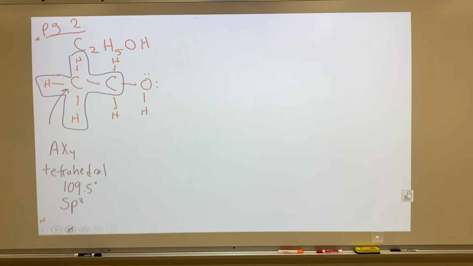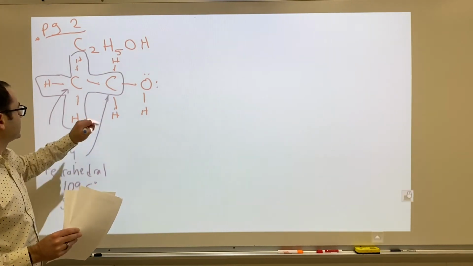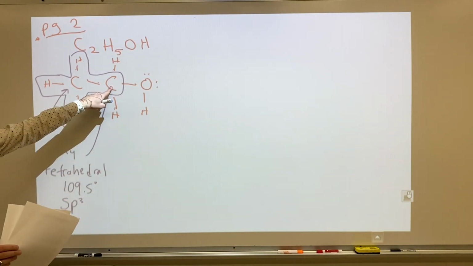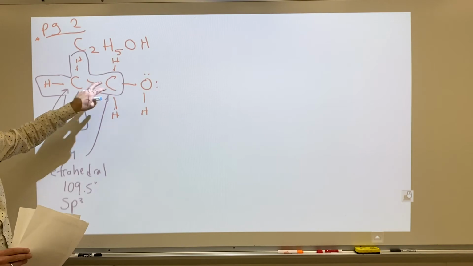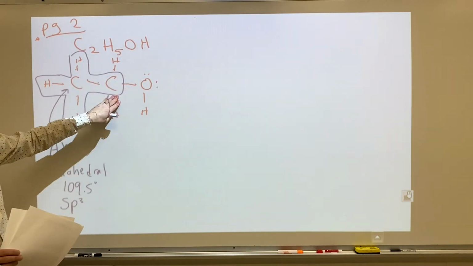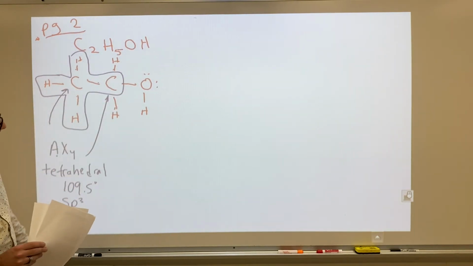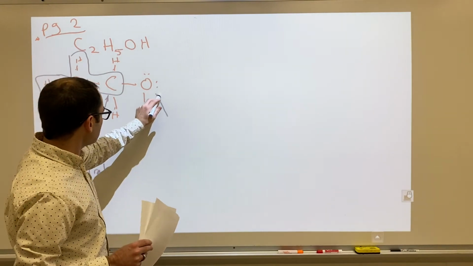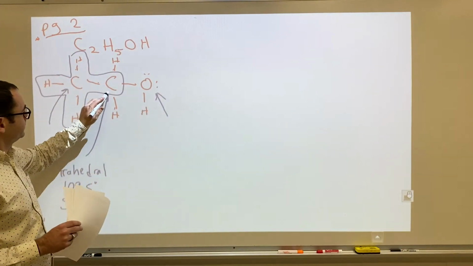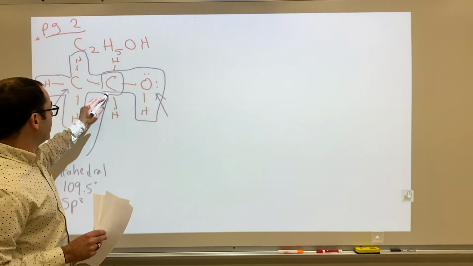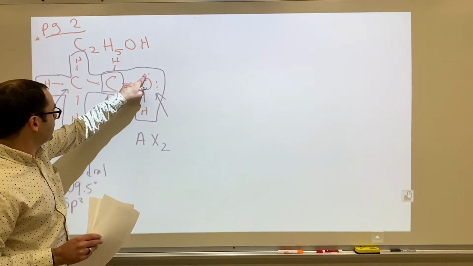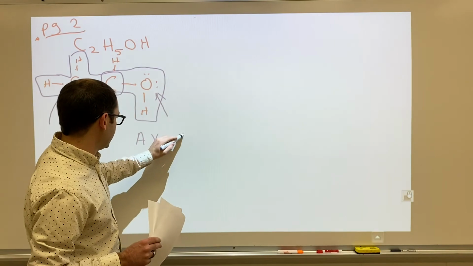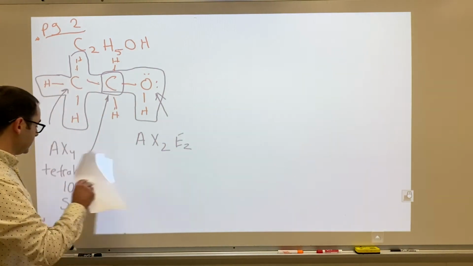That's pretty good. What do you got, Haley? No? Okay. All right, so this one, same thing, right? This is going to also be tetrahedral because it's AX4. And then here we have, what's the oxygen going to be over here? Good, yeah, we're going to have AX2, and then there's 2 pairs of electrons, so it's going to be E2.